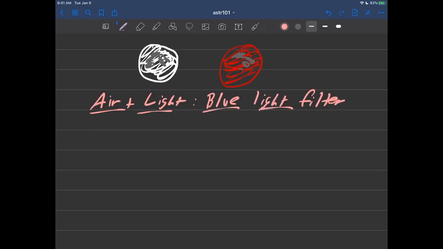Blue light filter, that's what I'm going to call air. And we know this because if we have a bunch of air here, which is our atmosphere, again, nitrogen and oxygen, what happens if white light tries to travel through this air? So this is white light.